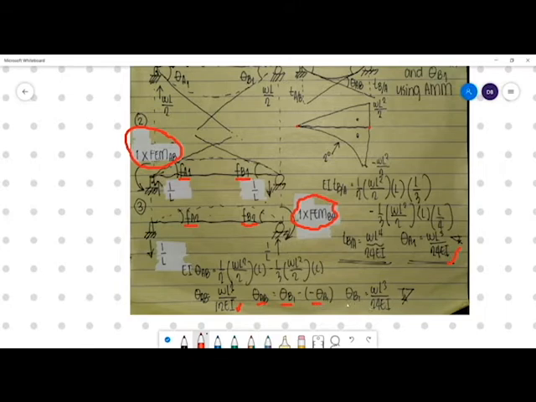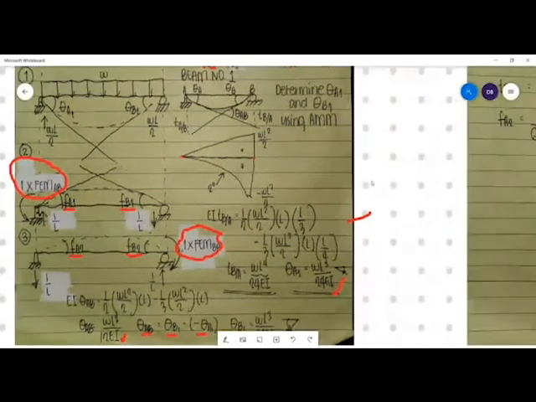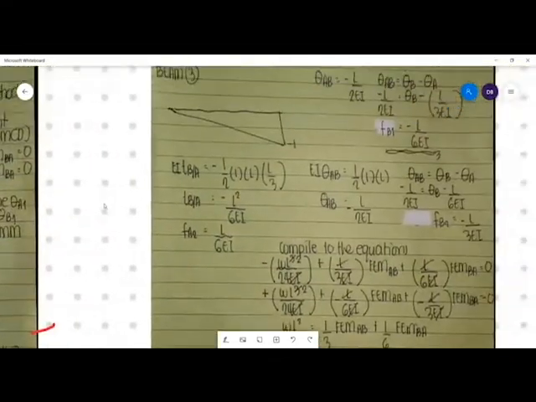So theta B1 is equal to WL over 24 EI. So we now have theta A1 and theta B1. Next, we are going to determine all the slopes on our remaining primary beams.